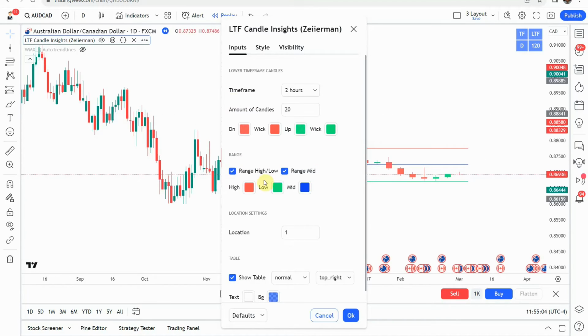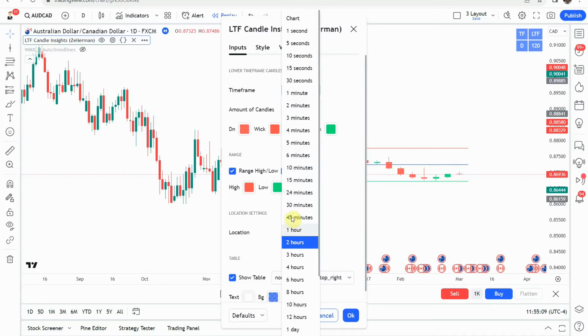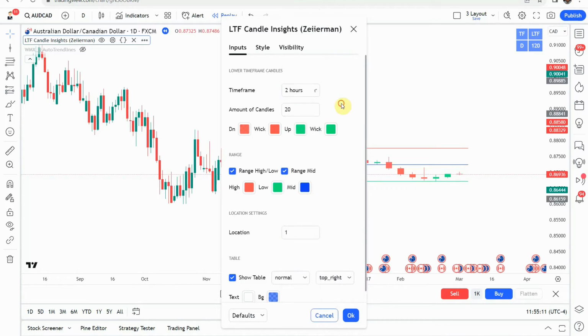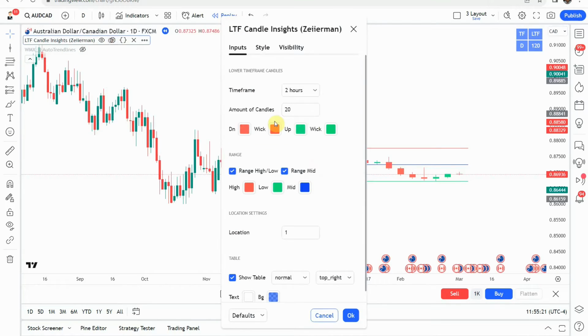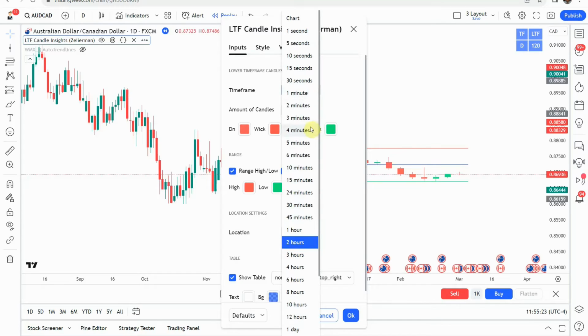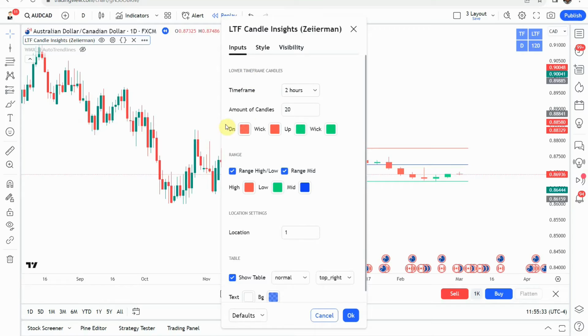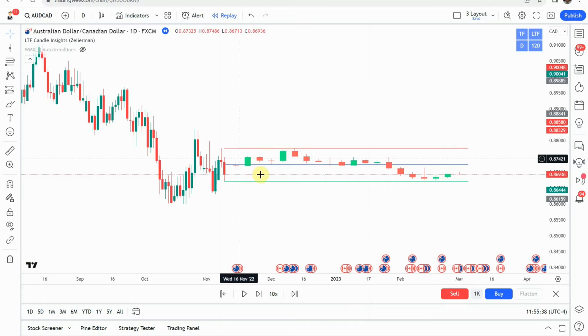If you go into the settings, you can then change the time frame of the lower candles. This box right here represents the lower time frame candles within the higher time frame candle. You can modify those by just going in right here, and you can change those to whatever time frame you want. Currently, we had them set to a 2-hour time frame, which is what we did the testing on, and you can change the number of candles that you want to be displayed there.